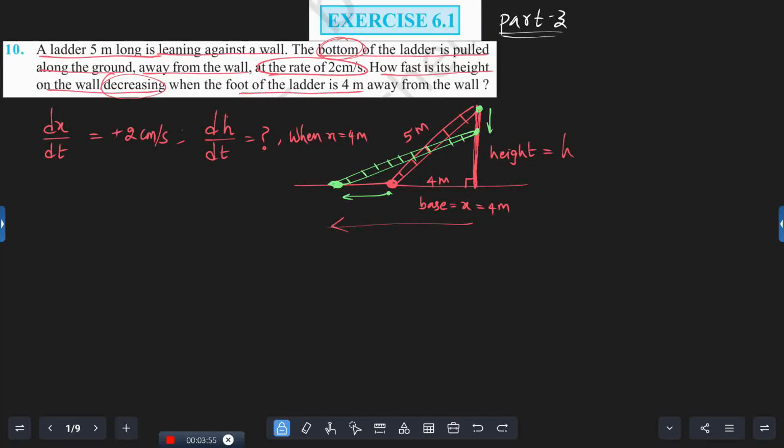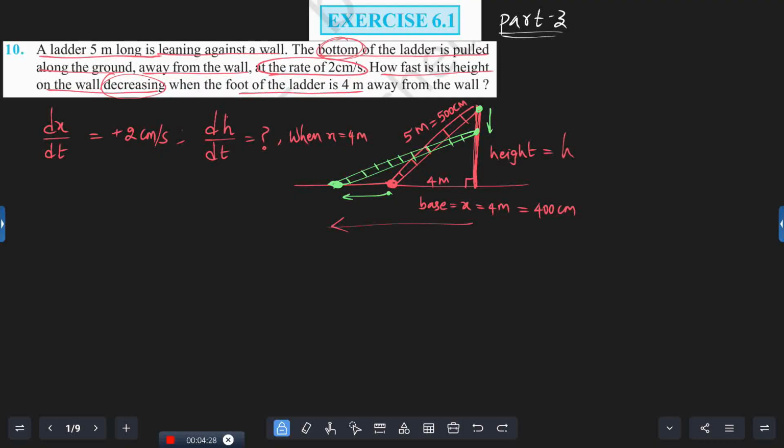Very important thing you want to notice: the base increases at the rate given in centimeter, but the normal measurements are given in meter. You should convert everything into 1 unit. So let the rate of change be in centimeter. This will make 400 centimeter. Even 5 meter will be converted into 500 centimeter.